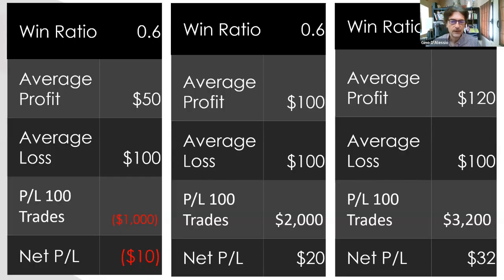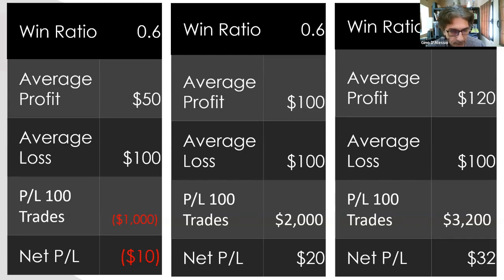So I mentioned before the effect of the average profit and the average loss. We see three tables. Each table has the same win ratio, 0.6 or 60%, meaning that 60% of trades are making money, and the other 40% are clearly losing money.